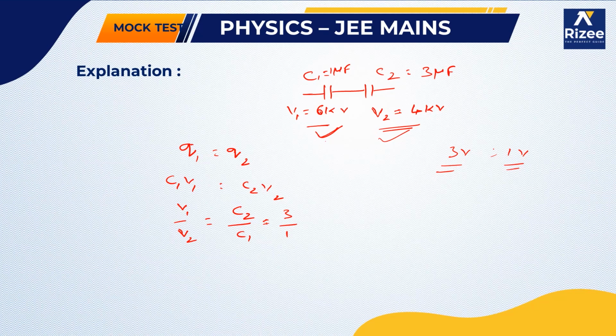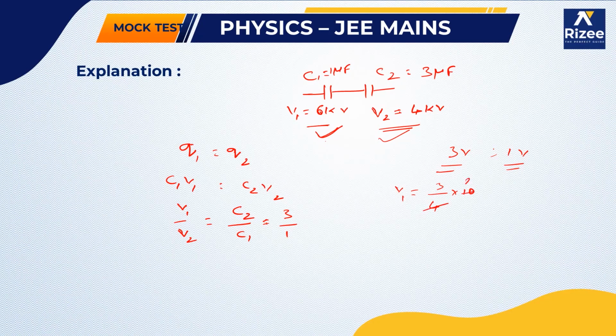So I'll directly go for the fourth option, that is 10 volts. If 10 volts is divided in the 3 to 1 ratio, then V1 will be 3 parts out of the total 4 parts into 10.